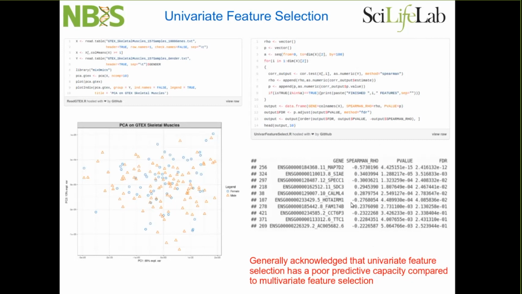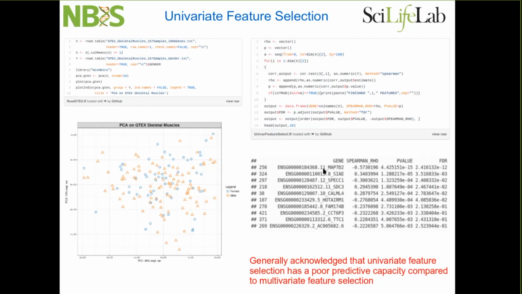Now I say, okay, maybe I take 5% of the genes most strongly correlated with my phenotype of interest, which is gender. In this way, I've done feature pre-selection and reduced the dimensionality of gene expression.